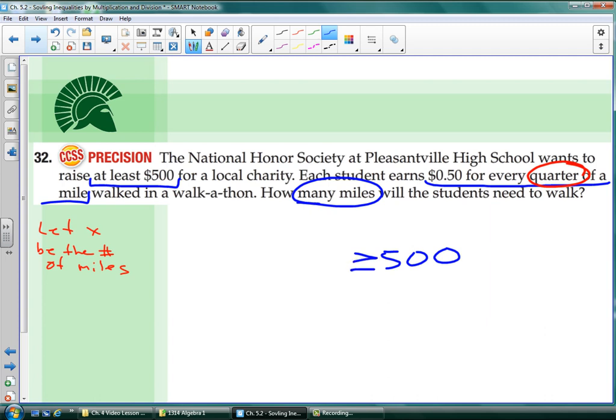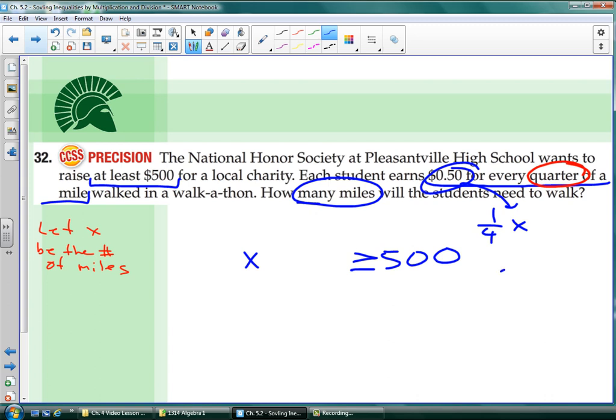And so now we have to put some stuff together. It's 0.5 for every quarter mile. So if it's a quarter mile that I run, that would be a quarter of x, since I defined x as the number of miles. And this is where defining your variable becomes very important. It's a quarter x for every time I'm talking about. So I get 50 cents for every 1/4 of x. Or if I just write x, and then instead of writing 50 cents, because I get 50 cents for every quarter mile, how many quarter miles in a mile? 4 of them.